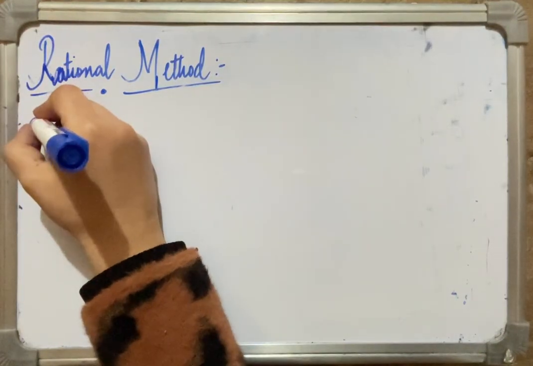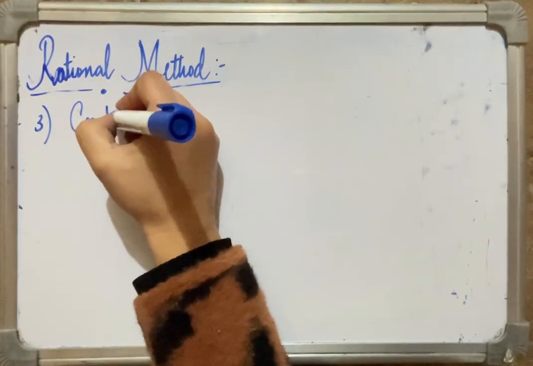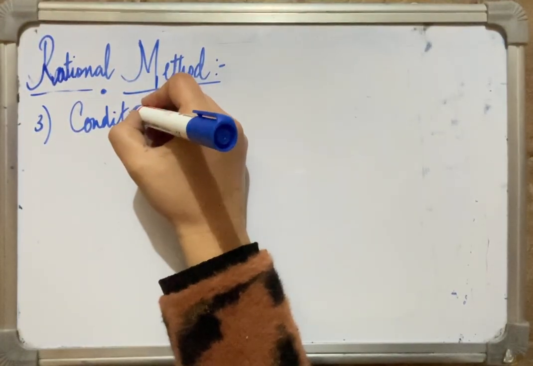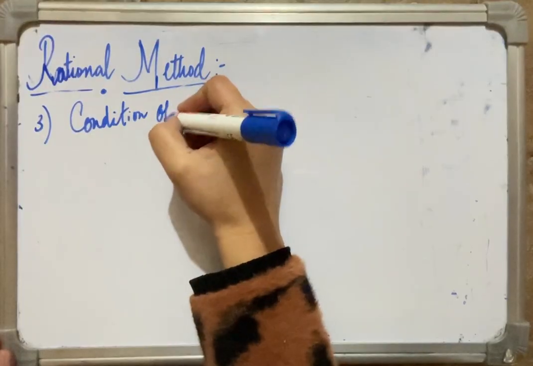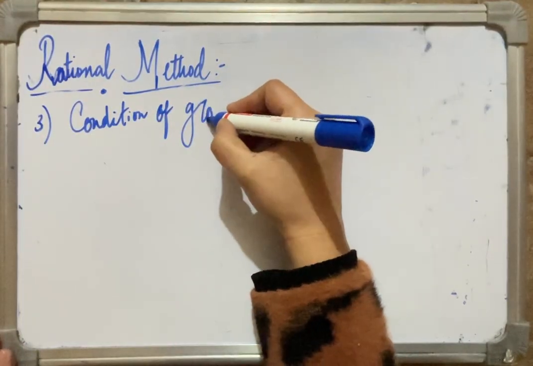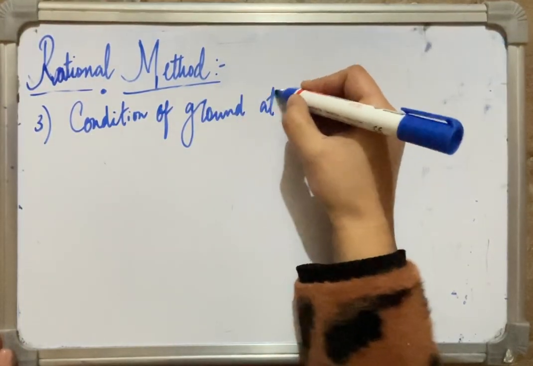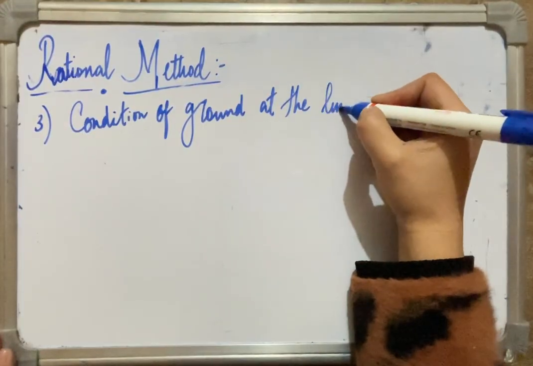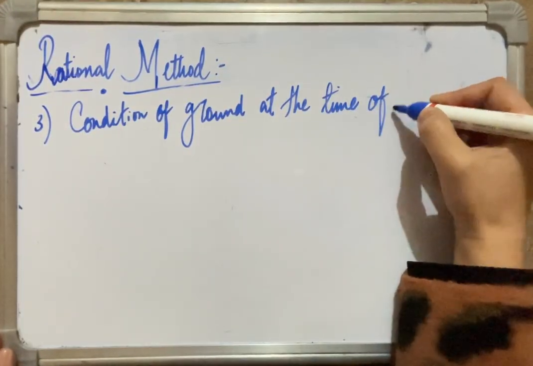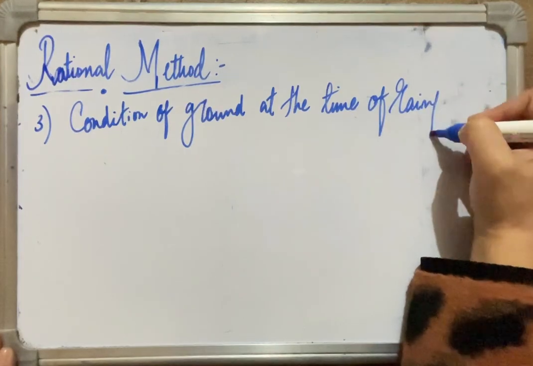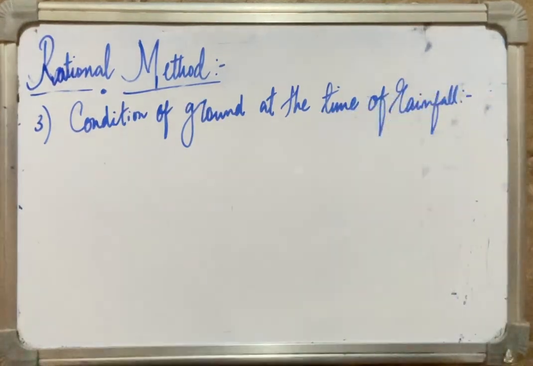The third factor is condition of ground at the time of rainfall.